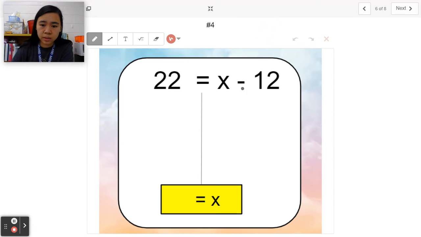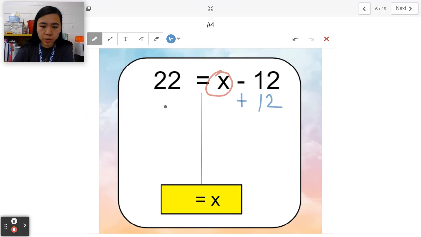Are you pausing it? Okay, so I have my variable. I'm solving for x. This time the x is on the right side. It's totally fine. It's okay. I just now want this x to be by itself on the right side. But now it's got a minus 12 next to it. So how do I get rid of a minus 12? I'm going to add 12.